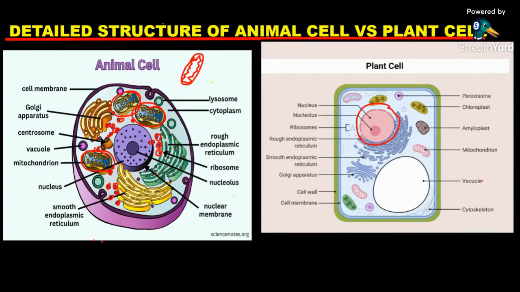As you can see, this part has some grain-like structures on its body. So the endoplasmic reticulum that has the ribosomes is called rough endoplasmic reticulum because it has ribosomes on its body. The one that does not have is called smooth. So that is what differentiates the smooth and the rough endoplasmic reticulum.